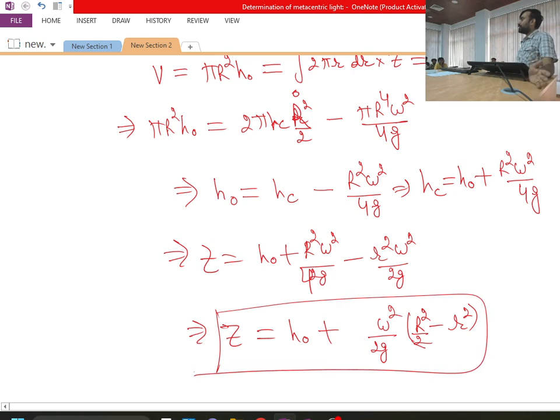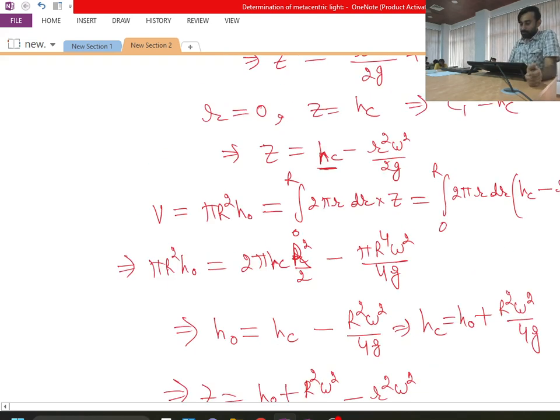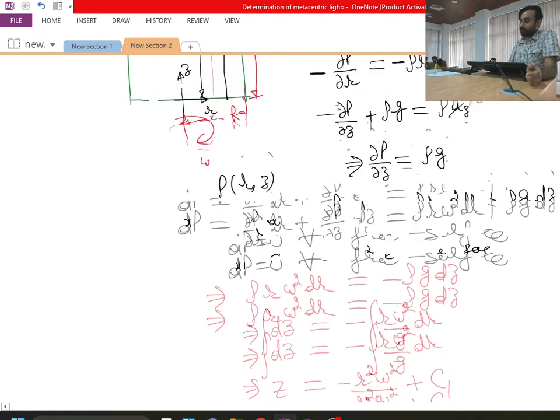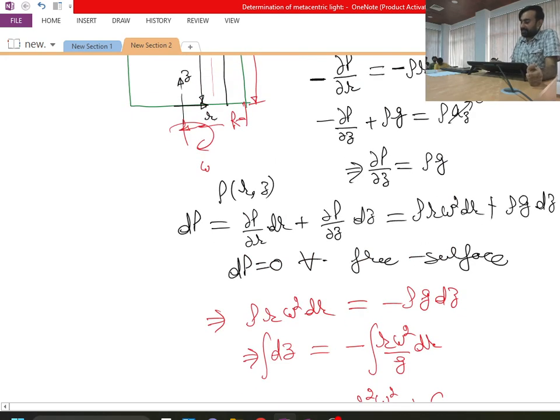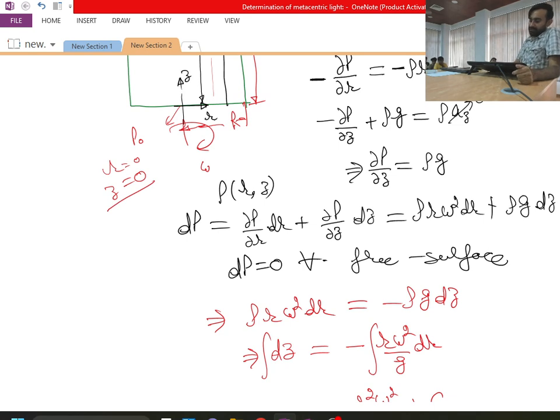Now how to calculate the pressure? For calculating pressure at any point, we have to integrate this equation. Once again I will consider that at the origin my pressure is P naught, where r is equal to 0 and Z is equal to 0. Now if I do integration, then what I will be getting?